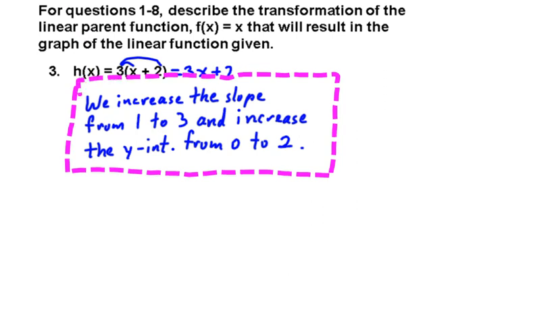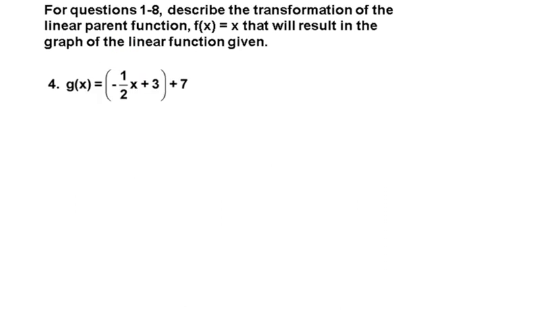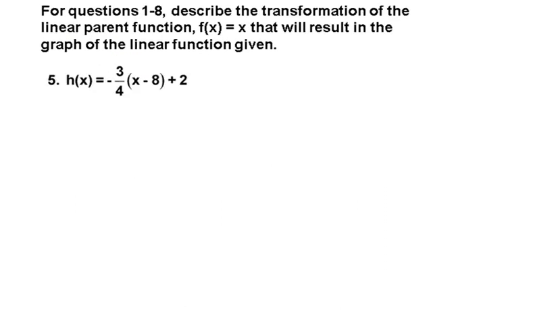Okay, let's go to number 5. Same directive, but we're going to take this function here, h of x equals -3 fourths (x minus 8) plus 2. So we're going to take this -3 fourths times this x and this -3 fourths times this 8. Then after that, add 2.